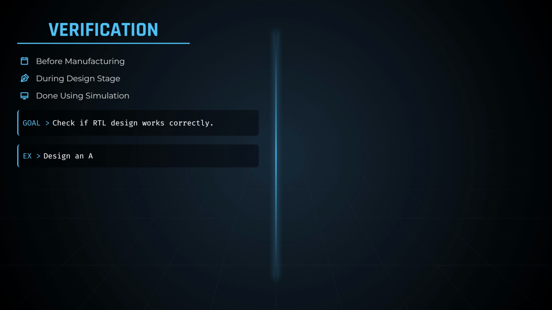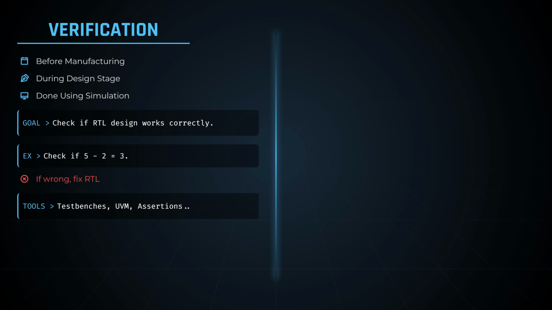Example: you design an ALU. Verification checks if 2 plus 3 equals 5, 5 minus 2 equals 3. If wrong, fix RTL. Verification engineers use test benches, UVM, assertions, coverage. It is 100% simulation-based. No real chip exists yet.